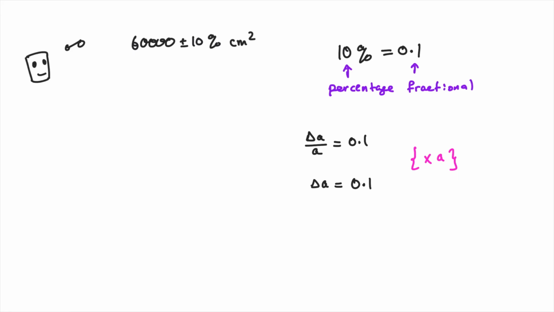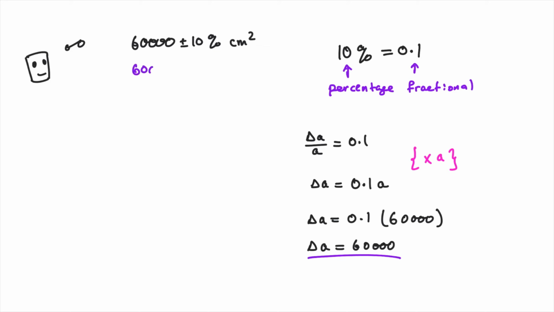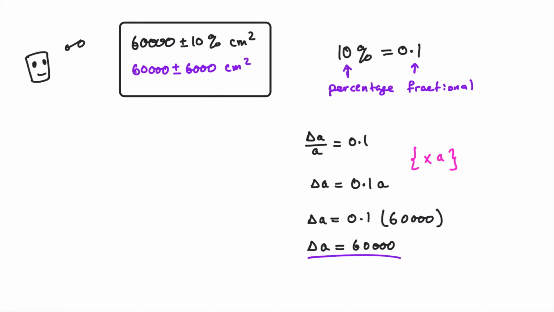If we multiply both sides by A, we would get that the absolute uncertainty is 0.1 times the measured value. Here, that would be 6,000. And that would mean that the size of the wall is 60,000 plus or minus 6,000 centimeters squared. Mr. S confirms Robo's thoughts.